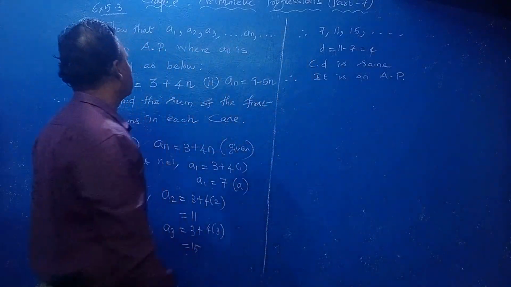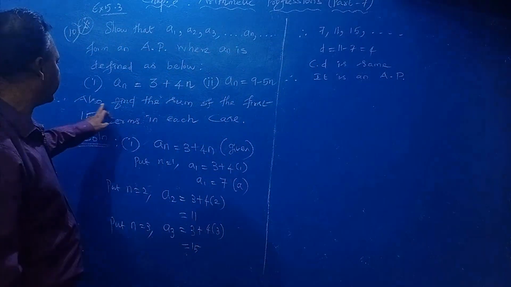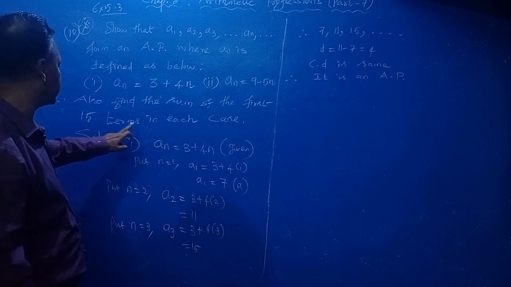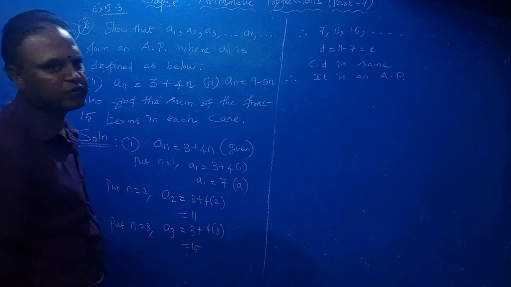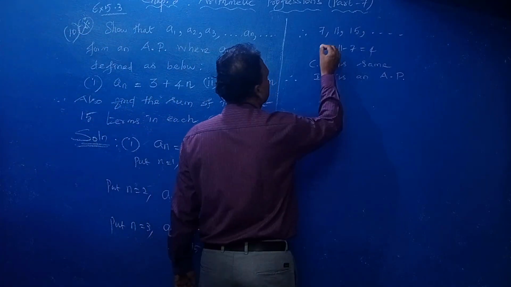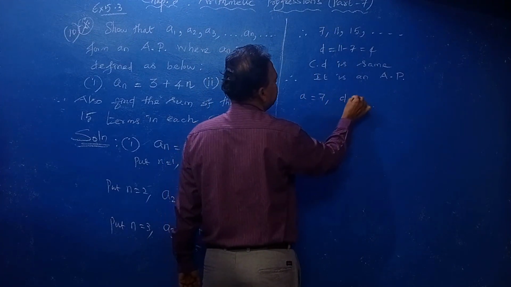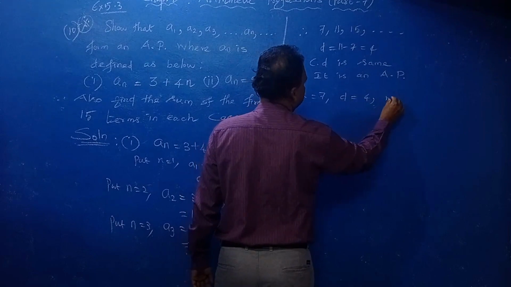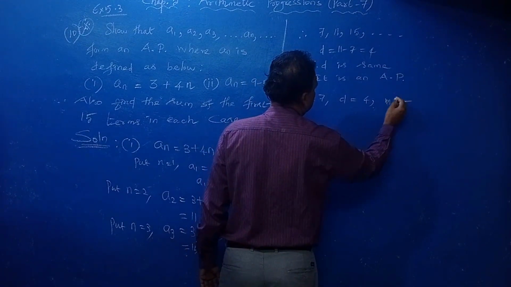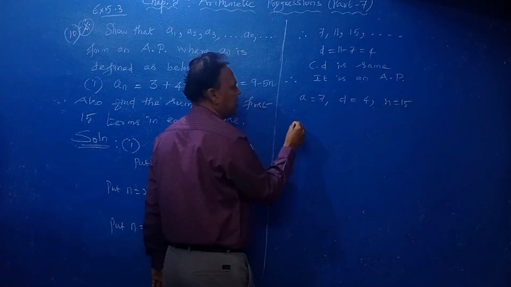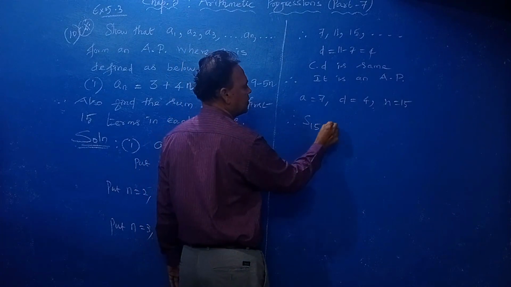Okay. So next, find the sum of the first 15 terms. Here you know a also. Clear? You know a is 7, d is 4, n is 15. Sum of 15 terms, n equals 15. Therefore find S15.